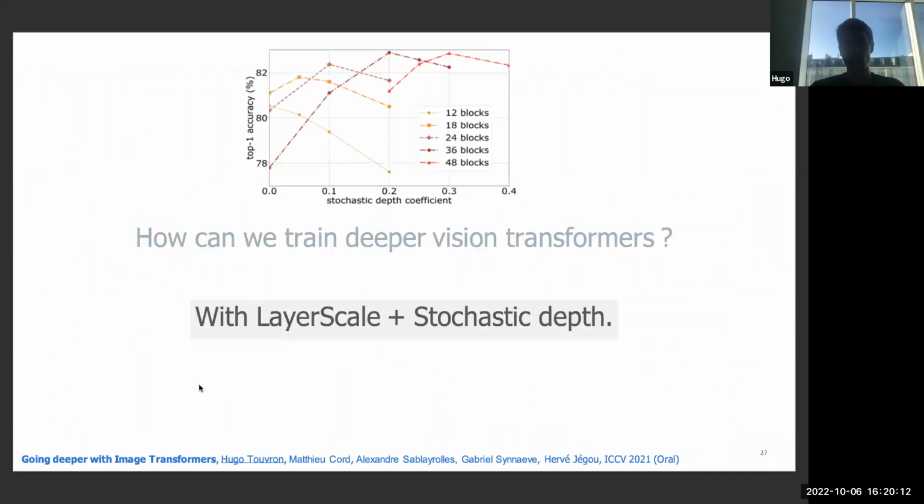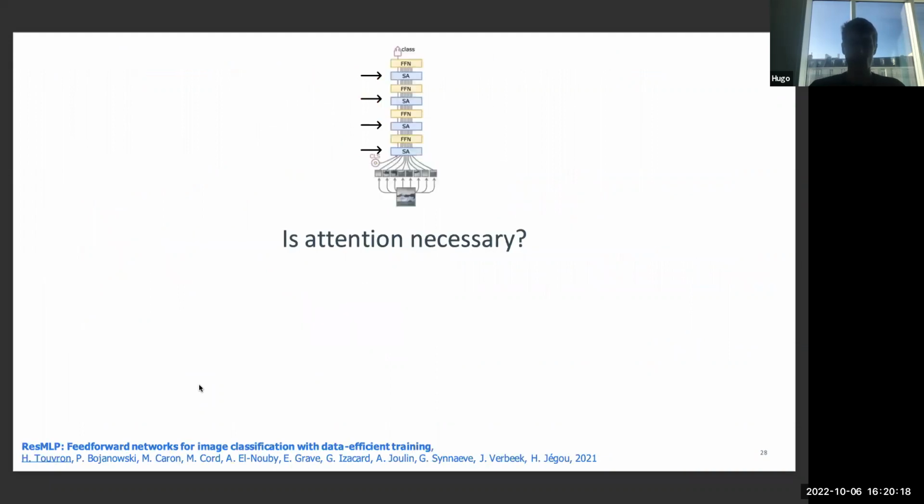So the question: how can we train deeper vision transformers? The answer is with LayerScale and stochastic depth. Now we have a transformer with good performance on the ImageNet dataset with just ImageNet-1K for the pre-training. We are able to train a deeper transformer architecture with LayerScale and stochastic depth.